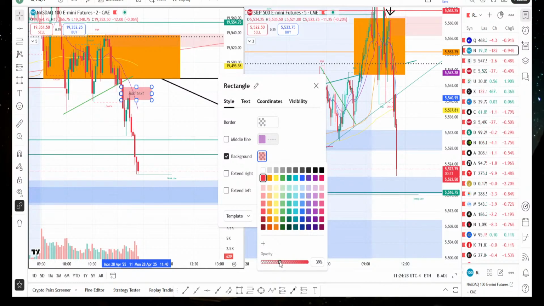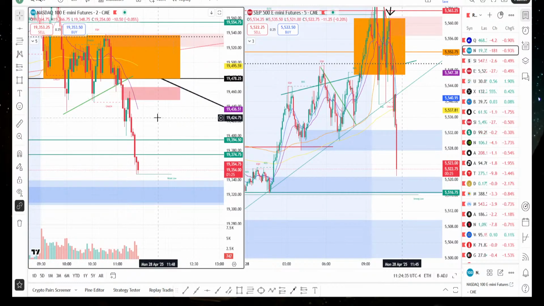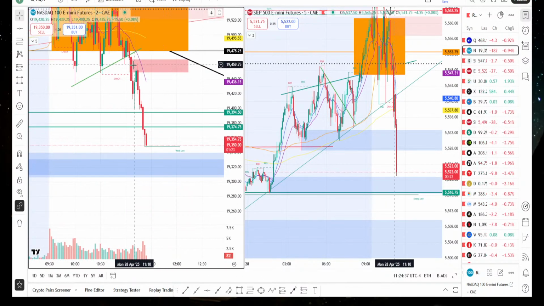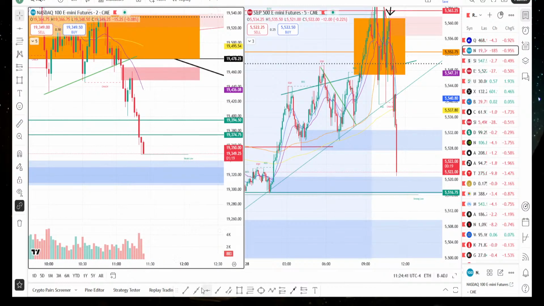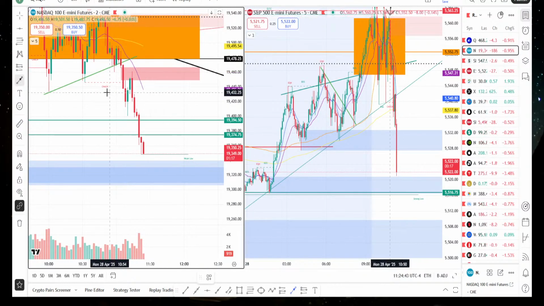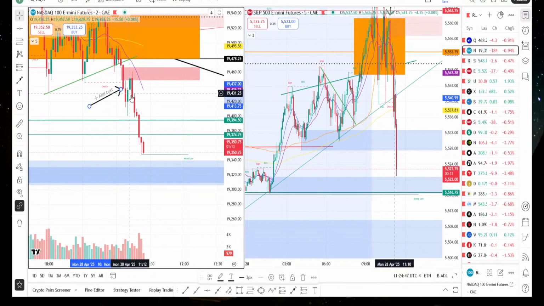Right, we got a fair value gap there, giving you another entry. You could enter here as well, or you could enter on the breakout, or here.